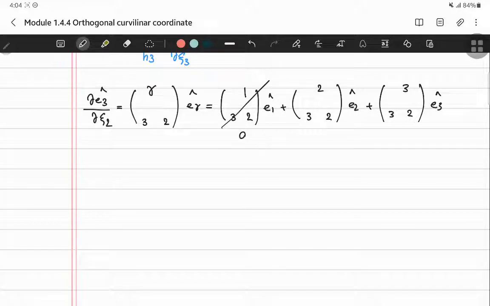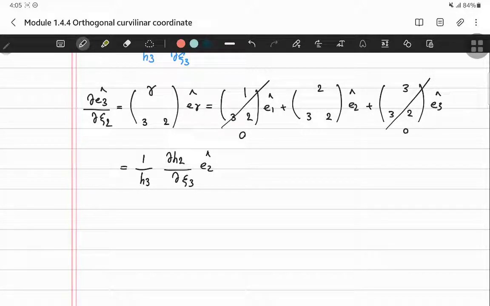This is 0, we know it. This is 0. 1 divided by H3, partial derivative of H2 with respect to Z3, E2. This now concludes all the differentiation of these unit vectors with respect to Z1, Z2, and Z3.